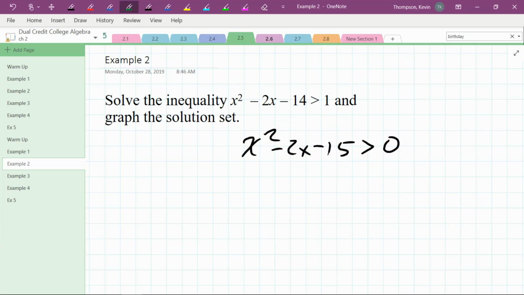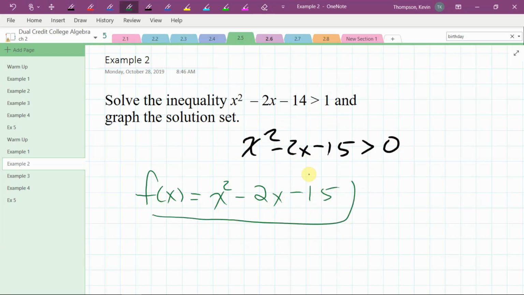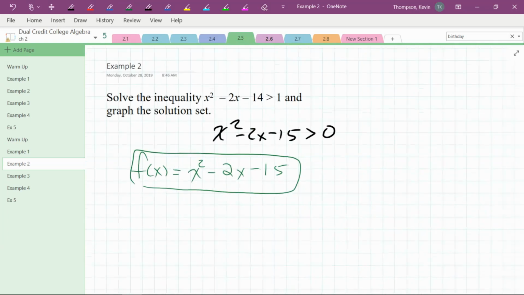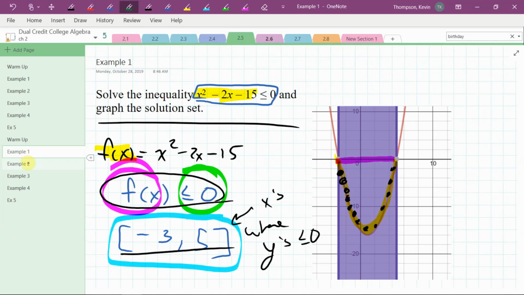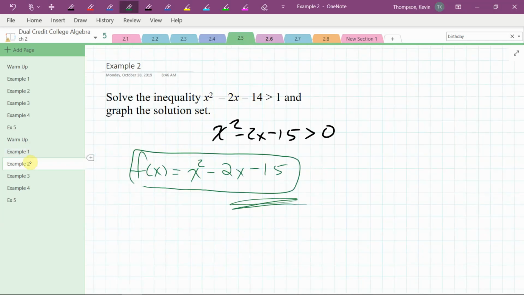So we're going to think about f of x equals x squared minus 2x minus 15. We're going to think about the graph of this. Well, actually, if you look at it, is this any different than what we just did? It's not.